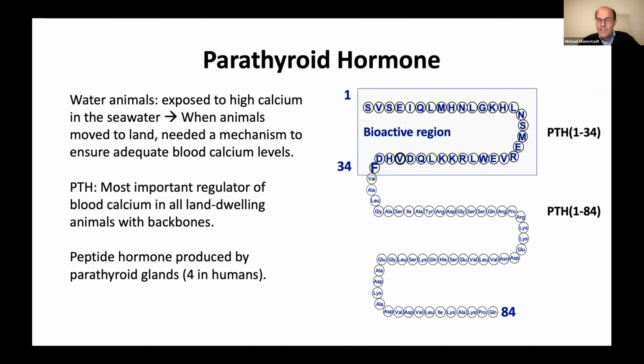And so you see here on the right side, PTH, it's a peptide hormone of a full length of 84 amino acids. What we know about the bioactivity is actually inside the first 34 amino acids, and that is produced as PTH 1 to 34 or teriparatide or Forteo, used mainly for osteoporosis patients.